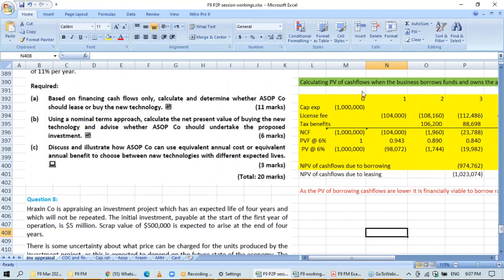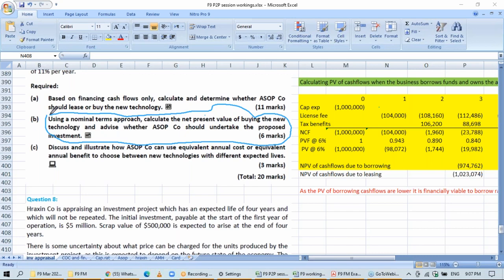The next part of the question is that using a nominal approach, calculate the net present value of buying the new technology and advise whether ASOP company should undertake the proposed investment. So due to investing in this new technology, the company will be able to save 5.8 of its cost per unit. So 5.8 is the cost per unit which they can save by buying this technology.